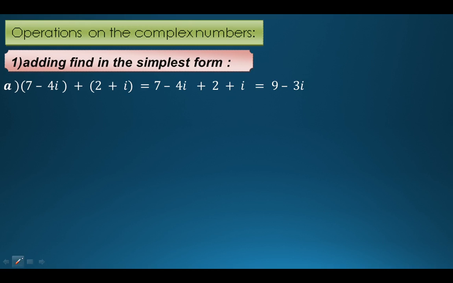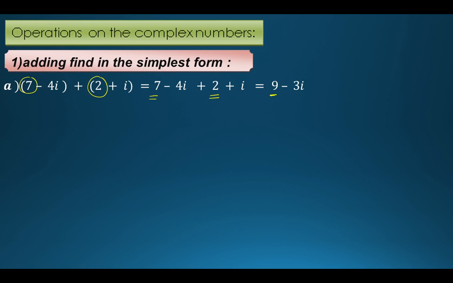To find the solution of this problem, it is very easy. Simply you add the real parts together and the imaginary parts together. Here the real part is 7 and the real part is 2. We remove the brackets first: 7 minus 4i plus 2 plus I. 7 plus 2 equals 9.